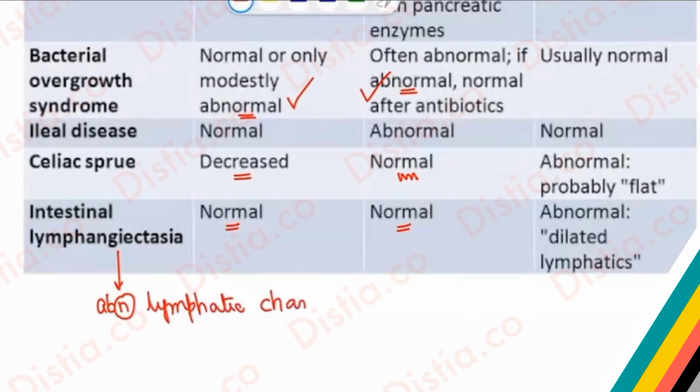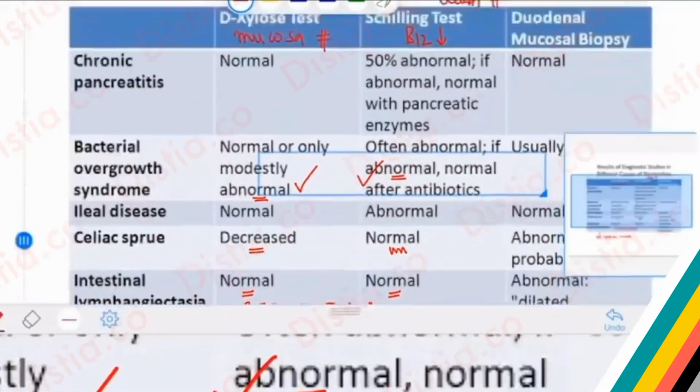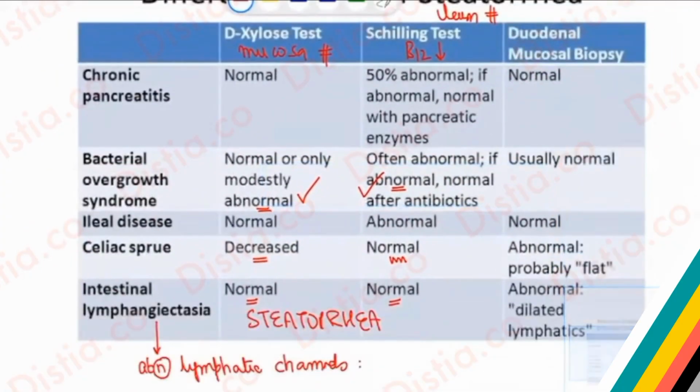As a result of it, fat will not be absorbed, and therefore the question will begin by describing features of steatorrhea in this person. So the hint that I want you to remember is, if a question begins by describing mainly steatorrhea manifestations, says the fact that Schilling's test is normal, he also says D-xylose test is also normal, you will be in a fix, because traditionally our thought process is, because we are studying this topic of malabsorption, we anticipate that either of these two tests should be abnormal.